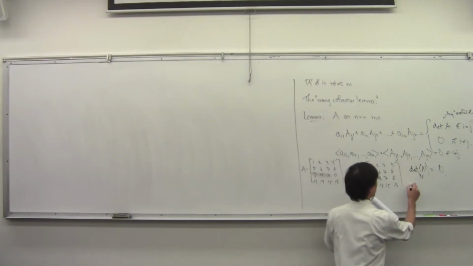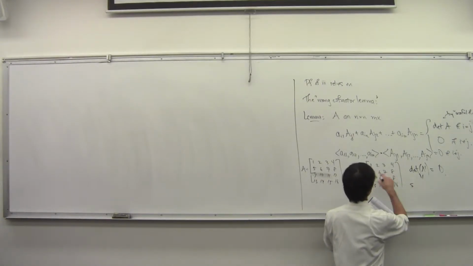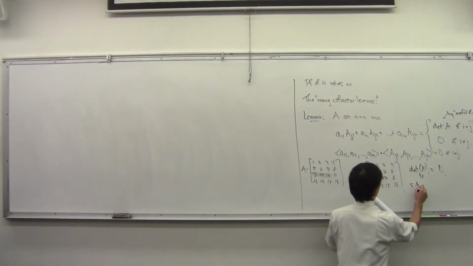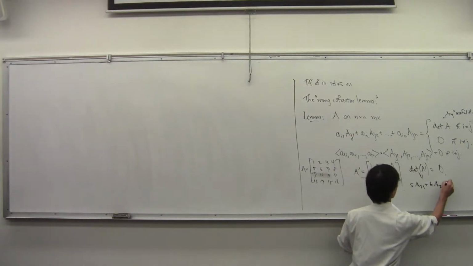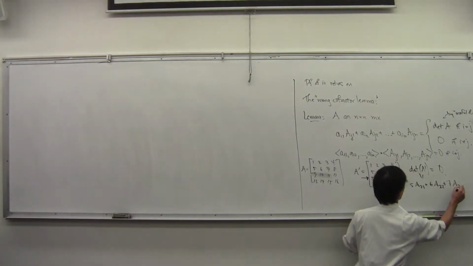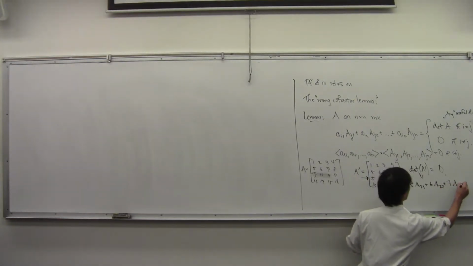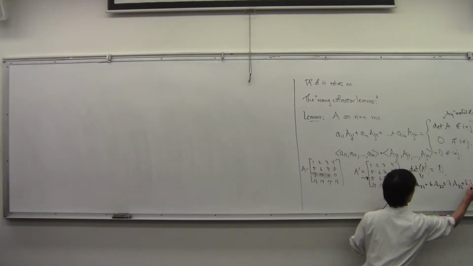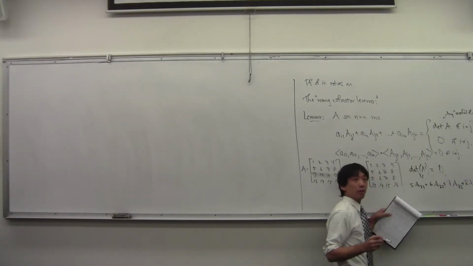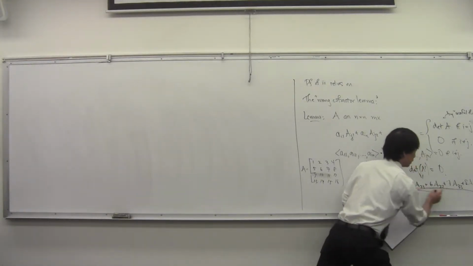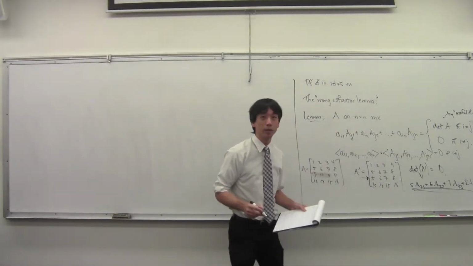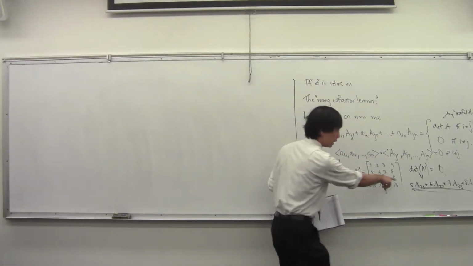Well, that's going to be 5 times the cofactor A31 plus 6 times the cofactor A32 plus 7 times the cofactor A33 plus 8 times the cofactor A34. But you see, that tells you that this thing is 0. But what is this thing?